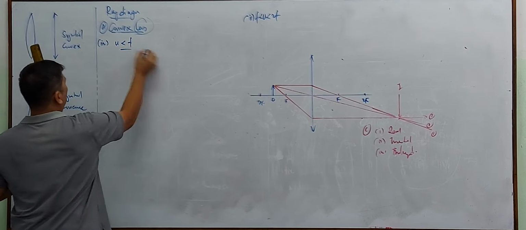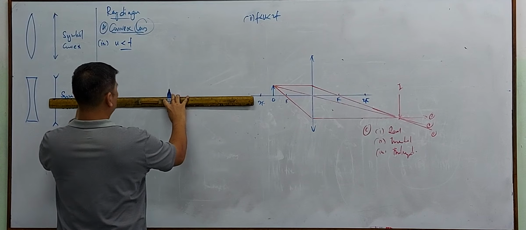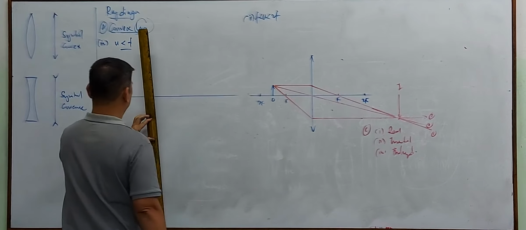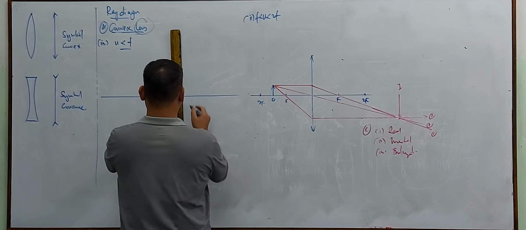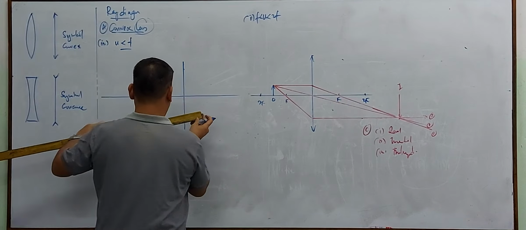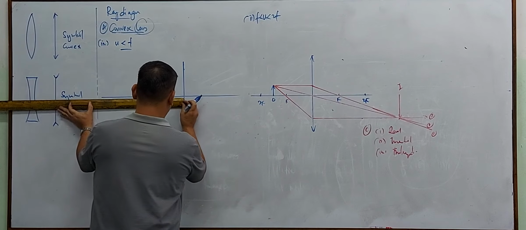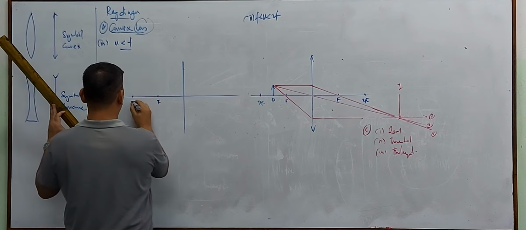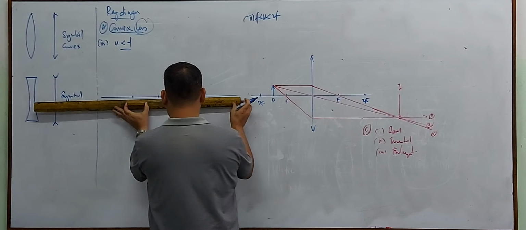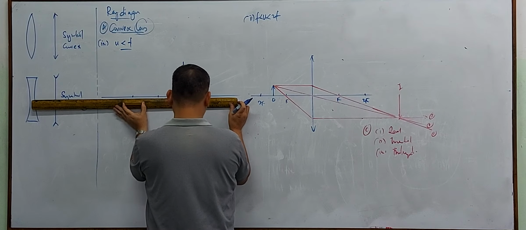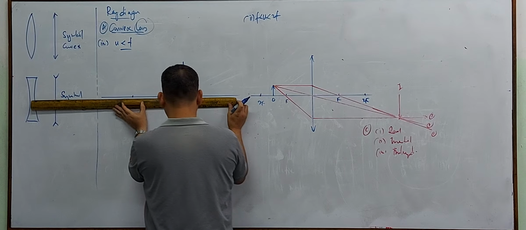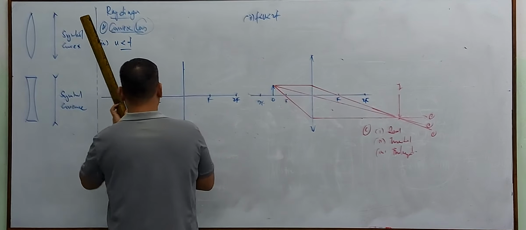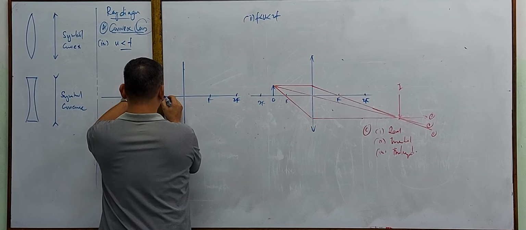U is less than F. When U is less than F, we have some special condition. I'm going to draw my lens here. This is F and F. I draw this on the other side also. Okay, object is here, not too near.